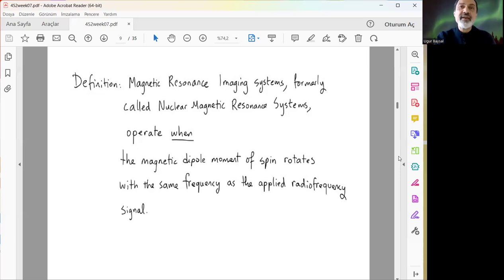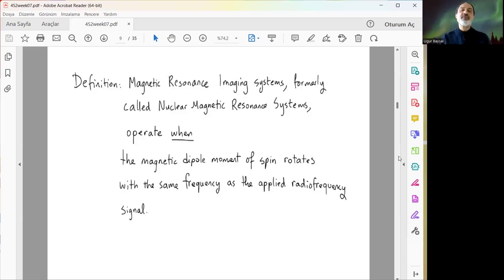formerly, in the 1950s or so, were nuclear magnetic resonance systems. At that time, it was not for human imaging. At that time, it was for chemical analysis. So nuclear magnetic resonance systems interacted to determine the chemical structure of the samples, little samples.